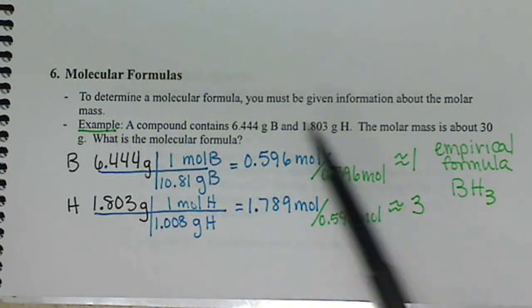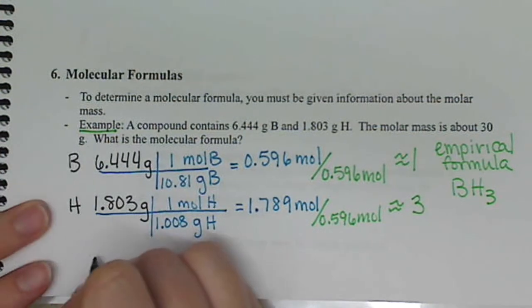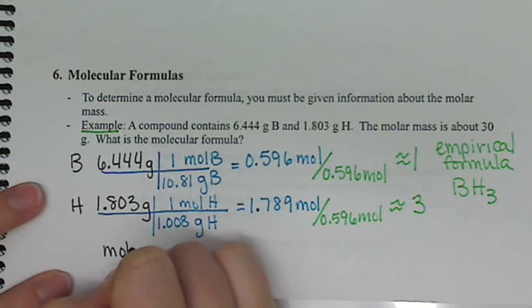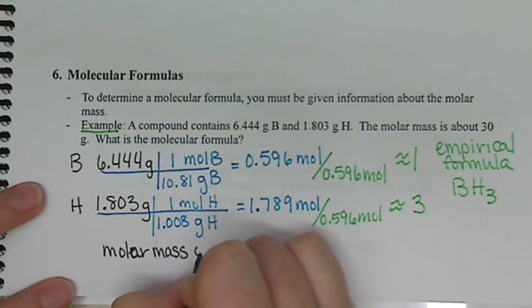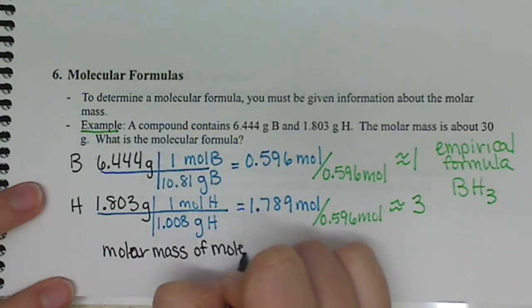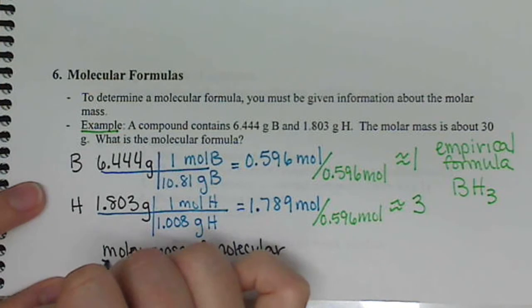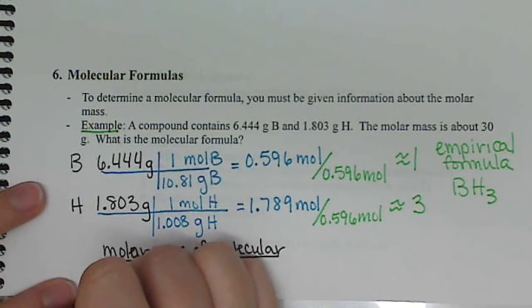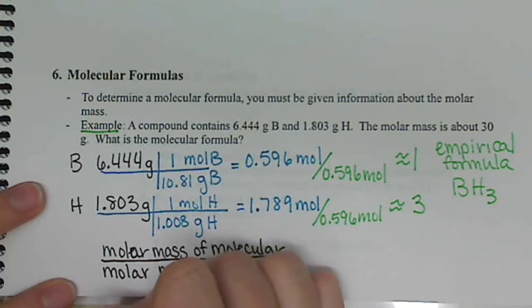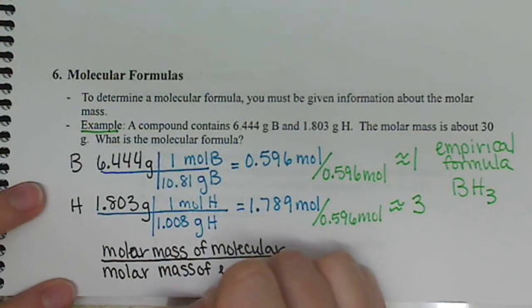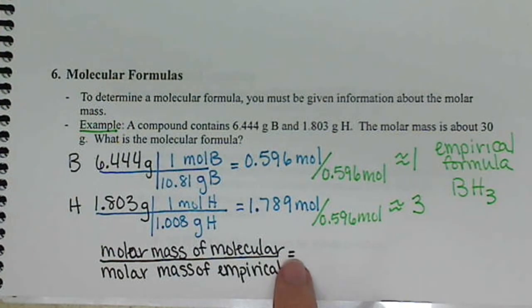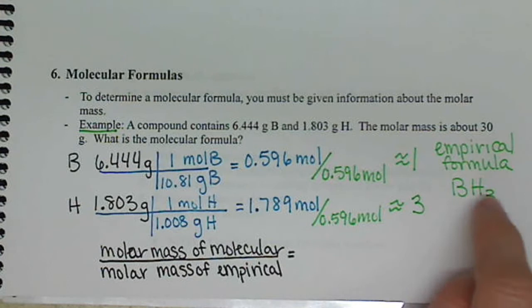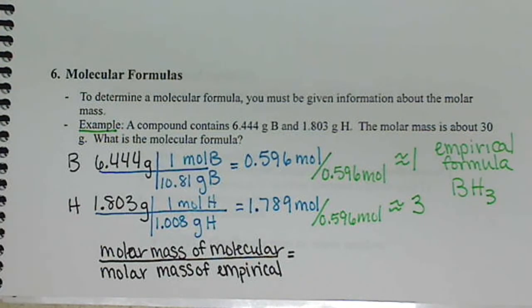So to get our molecular formula, we want to take our molar mass of the molecular formula, divide that by the molar mass of the empirical formula, and that will give us the value that we need to multiply both of our subscripts by to get our molecular formula.